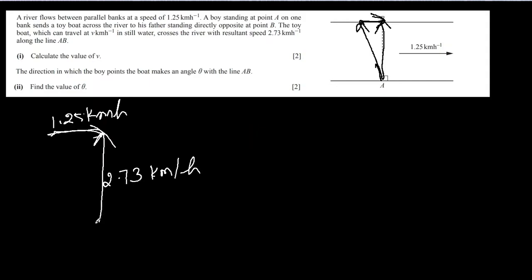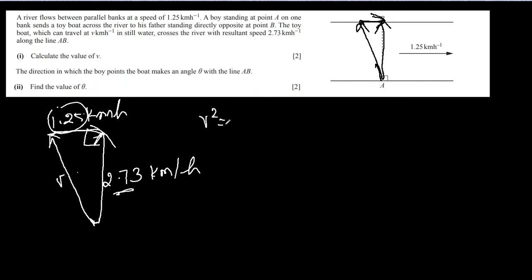Because this is going to be a right angle triangle, the speed of the boat will be much more than 2.73 and 1.25, because it's the hypotenuse of the right angle triangle. How much is that? The first part says calculate the value of v. This is the speed of the boat in this direction. We can use the Pythagorean theorem.